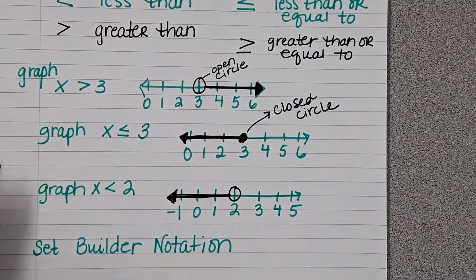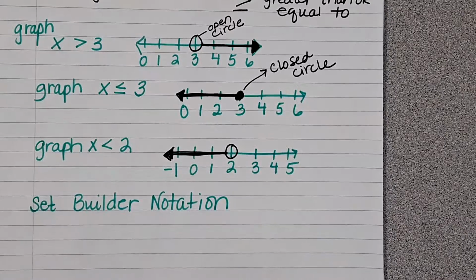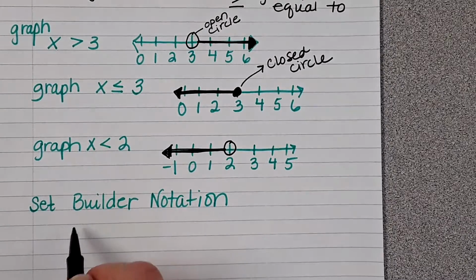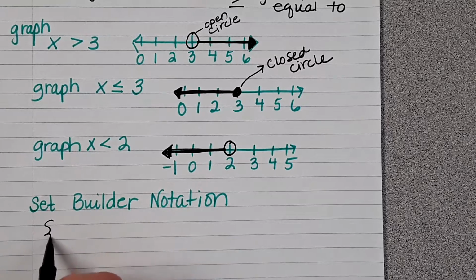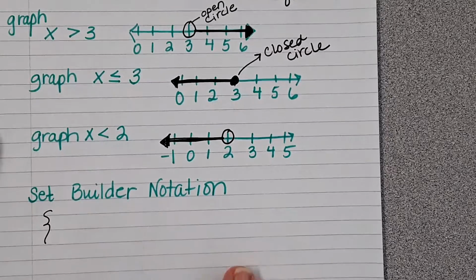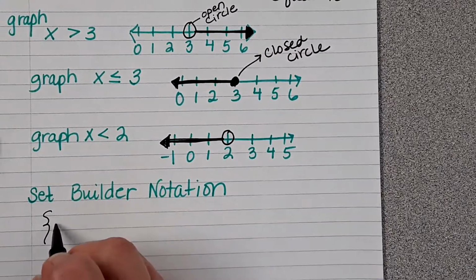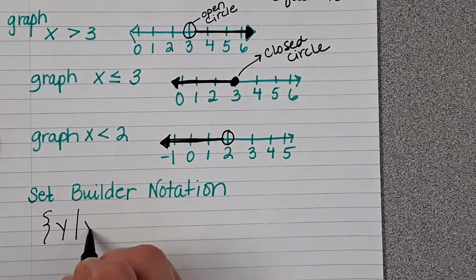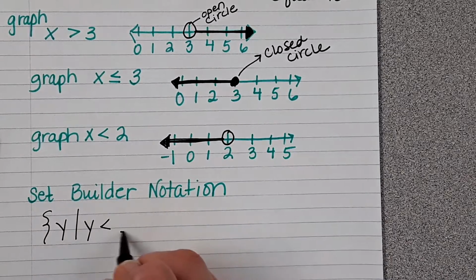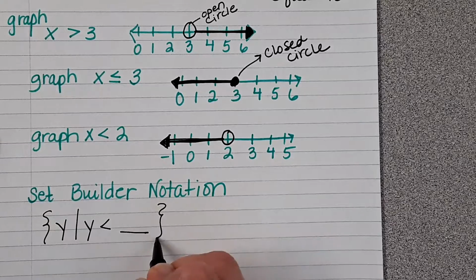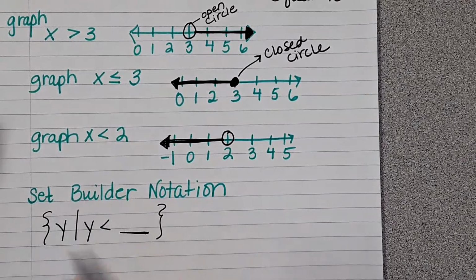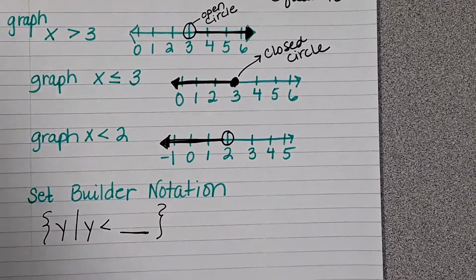So set builder notation is going to be all numbers y, so I'm just going to show you. It has those little brackets. y such that y is less than a number, and then close the bracket. I'm just putting that line so you know that there's a number that goes there.